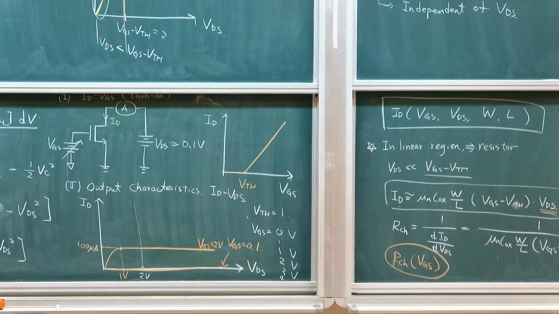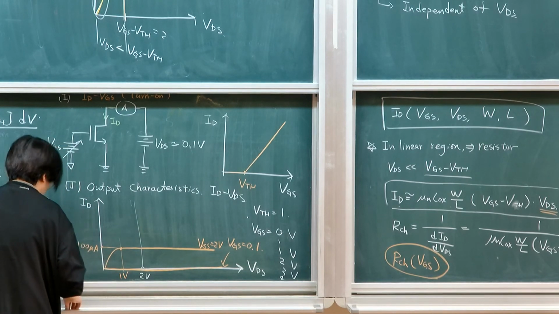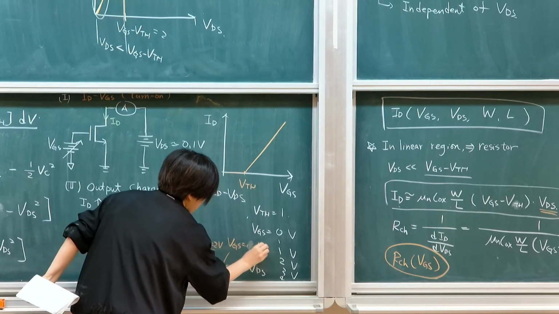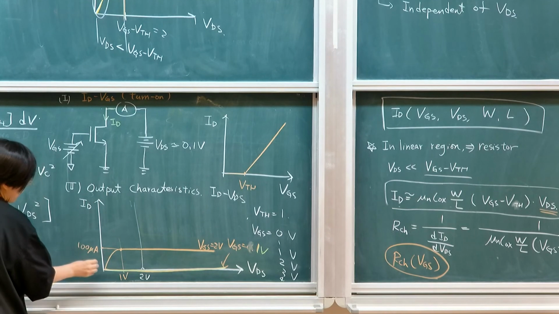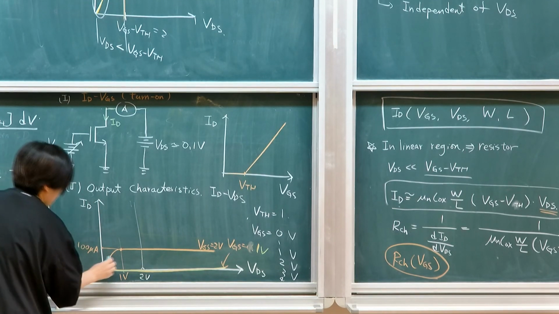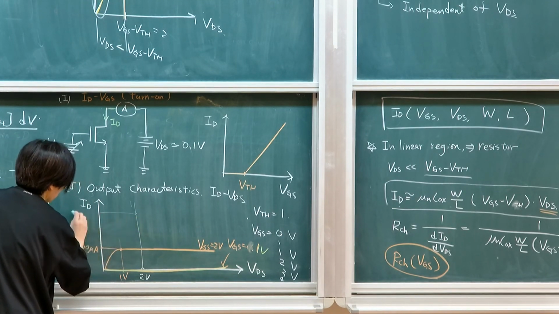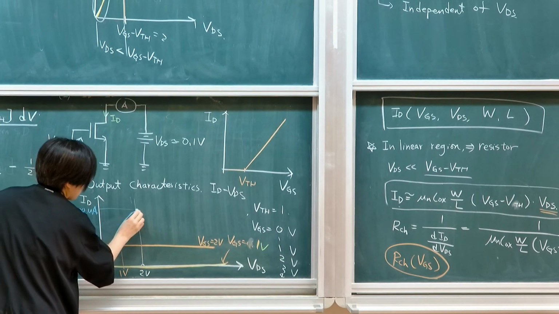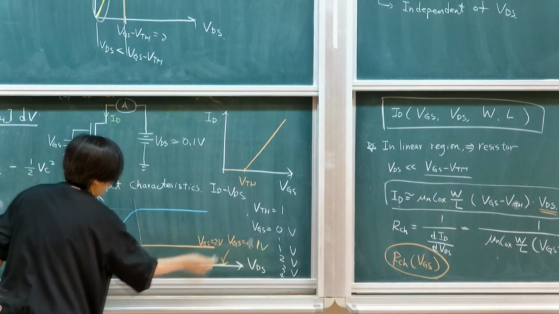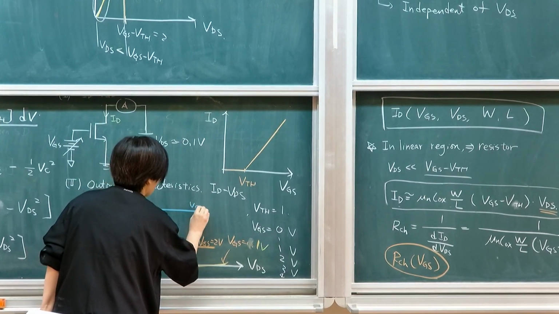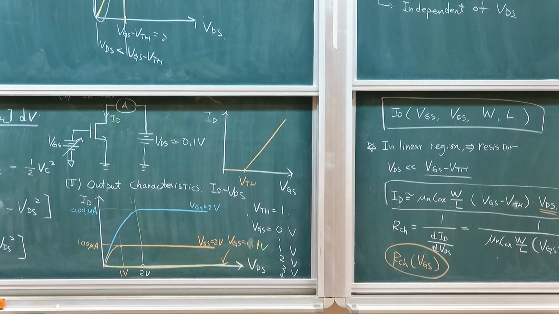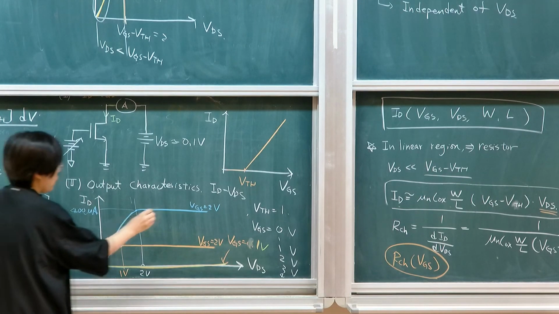So you will then see, let me use this color. Let's say these are 0, 1 volt. I'm just going to write the 1 volt. And then it will be 400. Saturate. So this will be VGS 2 volt. And what do you expect if VGS is 3 volts?